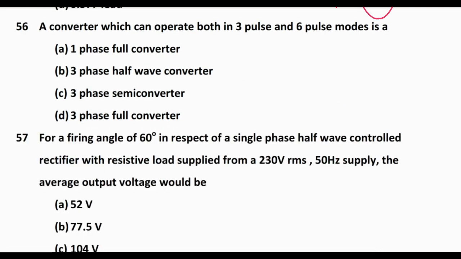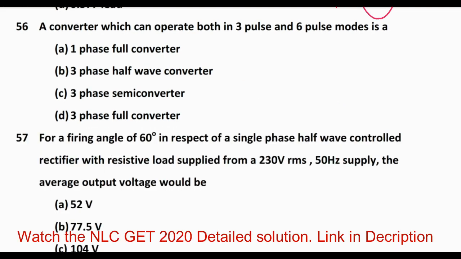Next question is, a converter which can operate both in 3 pole and 6 pole modes is a, here are the options. This is asking for the converter which can be operated in both 3 pole and 6 pole mode. So this is option number C, that is 3-phase semi-converter.